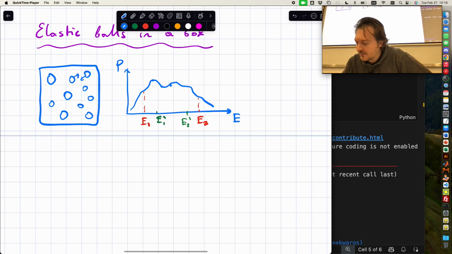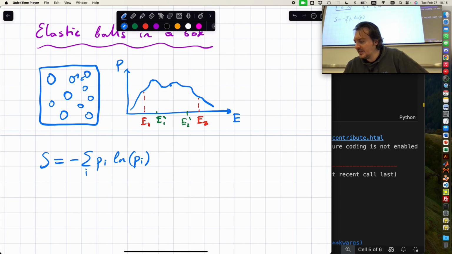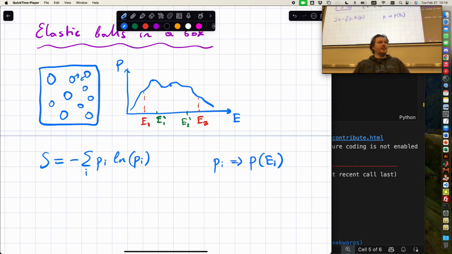So we are trying to maximize S, which is minus the sum of Pi ln Pi. But by Pi, I mean probability of being at energy Ei. Think of it as energies being separated into bars, E1, E2, E3, E4, and these are the probabilities.